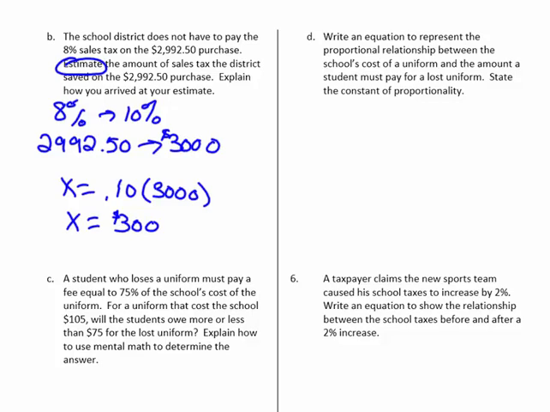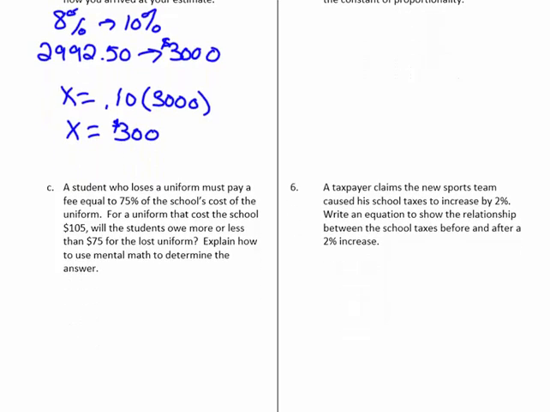All right, a student who loses a uniform must pay a fee equal to 75% of the school's cost of the uniform. For a uniform that costs the school $105, will the student owe more or less than $75 for the lost uniform? Explain how you use mental math. Well, I already know 75% of 100 would equal $75.